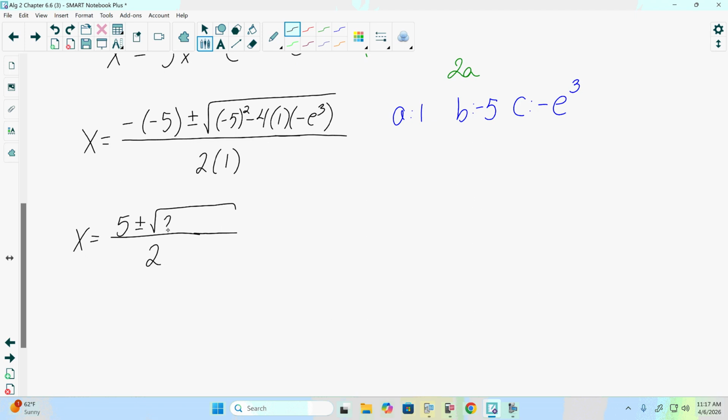Negative 5 squared, negative 5 times negative 5 is positive 25. What's negative 4 times 1? Negative 4. Now we're going to multiply negative 4 by negative e to the third. Well, that negative and negative would make a positive 4 e to the third.